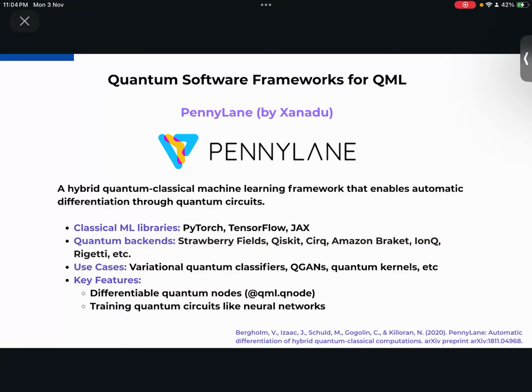You can have all these quantum kernels, quantum GANs, and quantum neural networks just as imported libraries where you can visualize your model, you can import the data sets, and it is built on Python. So it also has all the classical machine learning libraries like PyTorch, TensorFlow, JAX, etc.